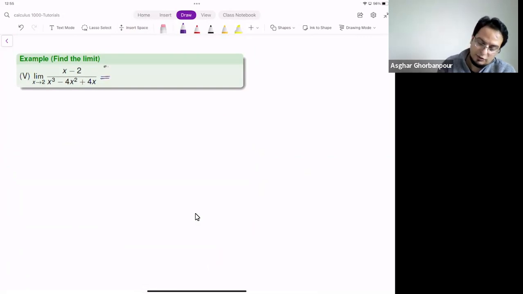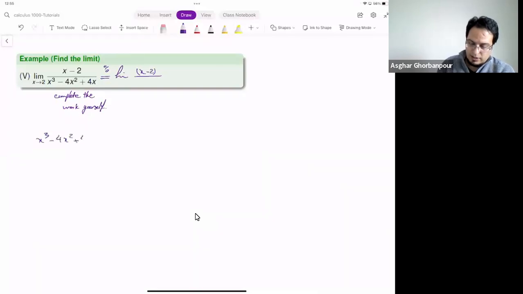So here, if you do the work, complete the work yourself. Then you try to factor out. So the numerator already is x minus 1. X cubed minus 4x squared plus 4x. I can factor out x. This is x squared minus 4x plus 4.